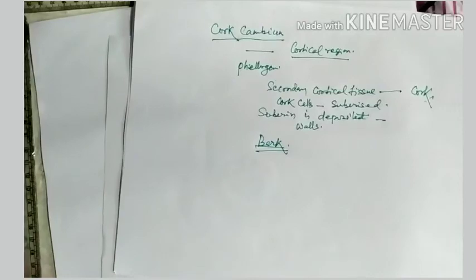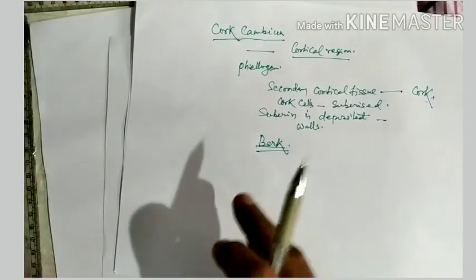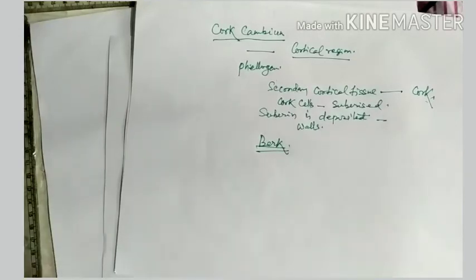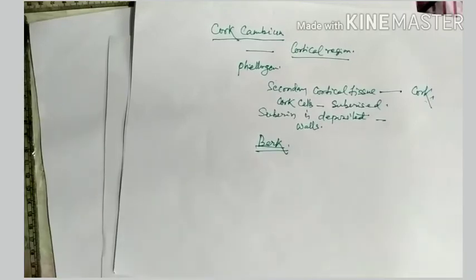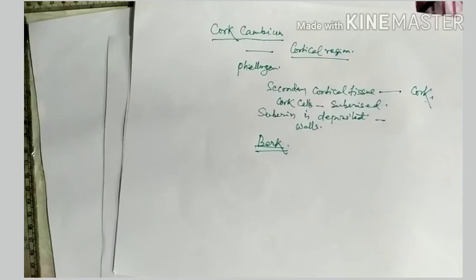In Hindi it is known as chhal. So the ring of bark is formed due to the activity of the cortical cells, the secondary growth in the cortical region, through the formation of the cork cambium and the formation of the cork.